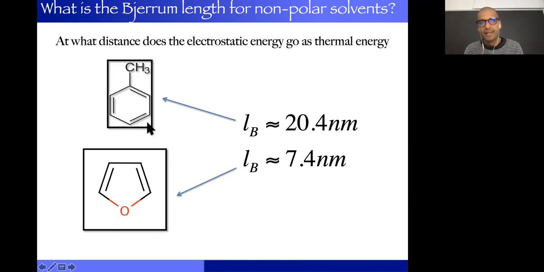Now, having said that, one of the big assumptions that we're making in this whole discussion is that I can treat the environment as a continuum dielectric. Why should that be the case? Is there a length scale at which the continuum dielectric picture breaks down?